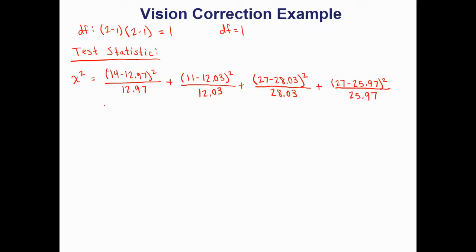Okay, so there's all 4 of them. Now let's get each one individually to 4 decimal places. So for the first one, what would that one be to 4 decimal places? 0.0818.